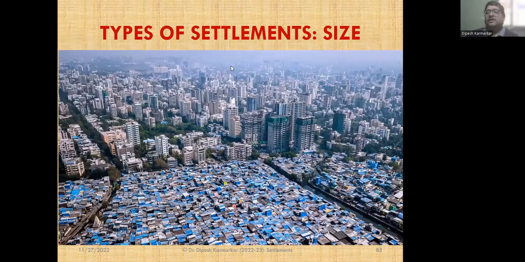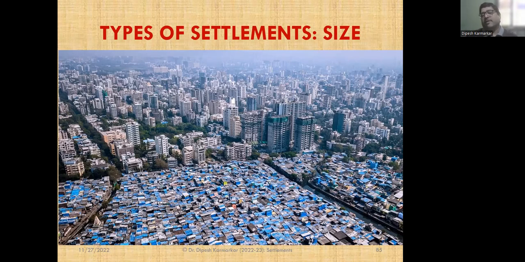This is a very typical image of a metropolitan city. Now you will find that the rural connection gradually disappears and urban takes over rural in such areas. But at the same time, especially in developing countries, we do find that such metropolises, such huge settlements, also showcase unevenness or class differentiation.